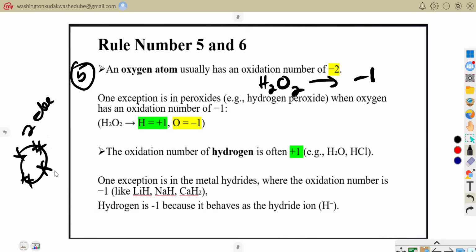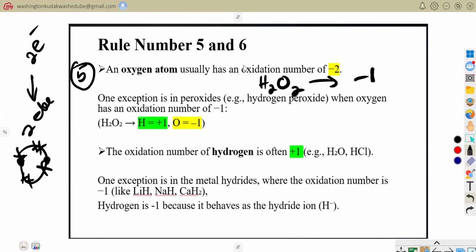For it to gain a stable state, it has to receive 2 electrons. So it is in deficiency of 2 electrons. When it receives those 2 electrons, it gains a charge of -2.